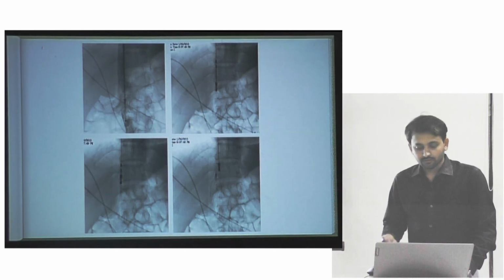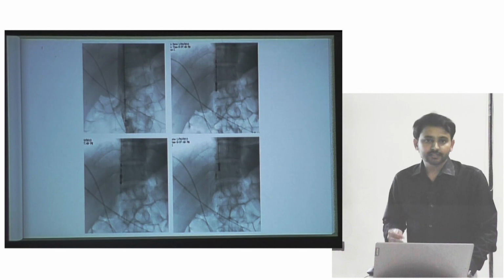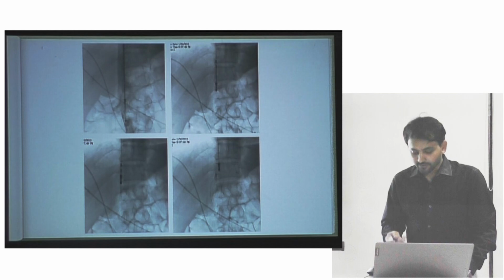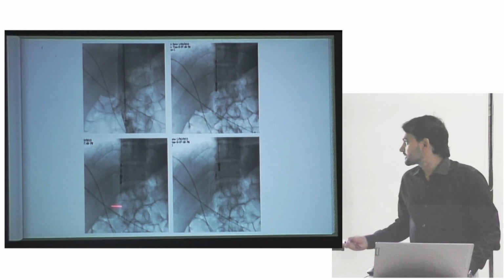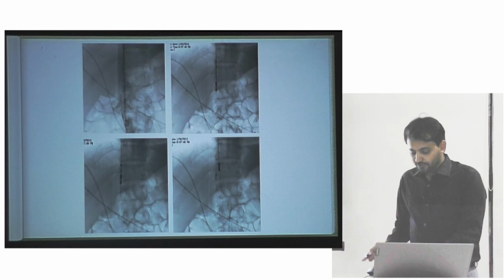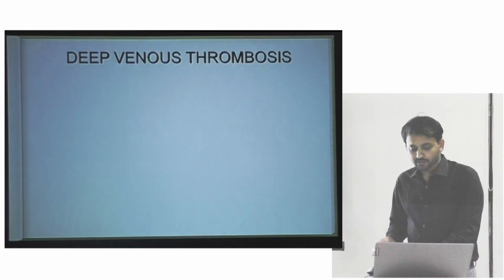If the thrombus extends into the common iliacs or sometimes even the IVC, we deploy an IVC filter and then proceed for mechanical thrombectomy. This is one case, this is the deployed IVC filter here. We deploy it from below, in the infrarenal portion.